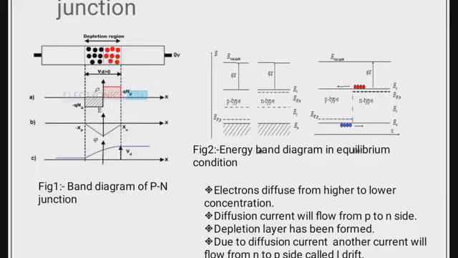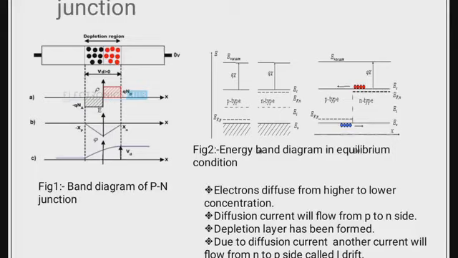After making contact, electrons move from the higher concentration region to the lower concentration region, that means from n to p side, as I already told in the previous slide, and holes move from p to n side, which is basically called the diffusion process.